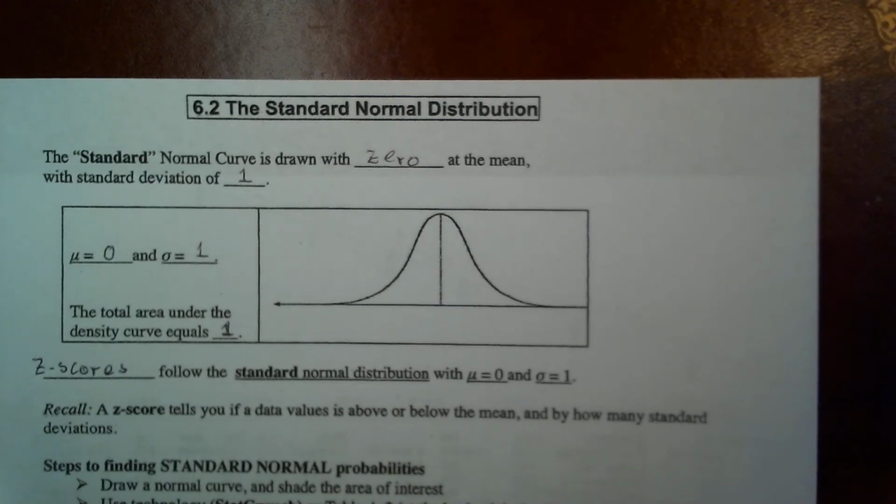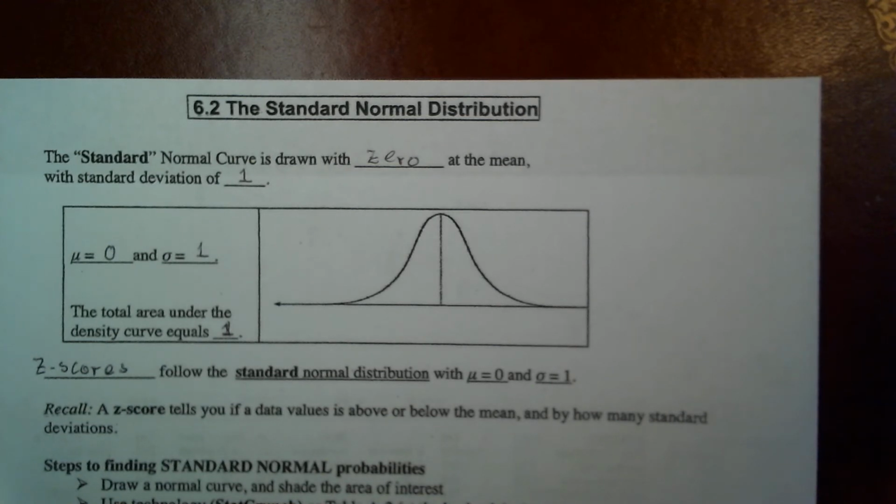So to find the standard normal probabilities, we draw a normal curve and shade the area of interest, and then we use technology or a table, A2, and I'll show you what that looks like, to find the probability area for each z-score.